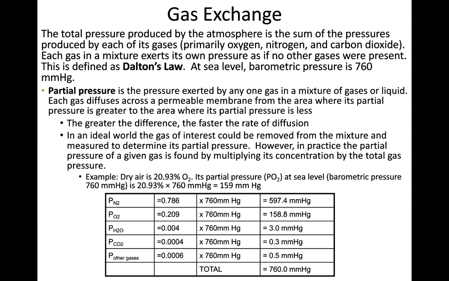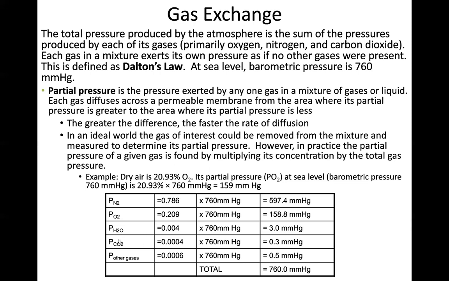In other words, there's not just oxygen in the air. There's not just carbon dioxide in there. There are other gases as well. In fact, nitrogen is the main component in the air that we breathe, and it's significantly the highest amount. It is almost 79% of the air that we breathe, whereas oxygen is just under 21%.